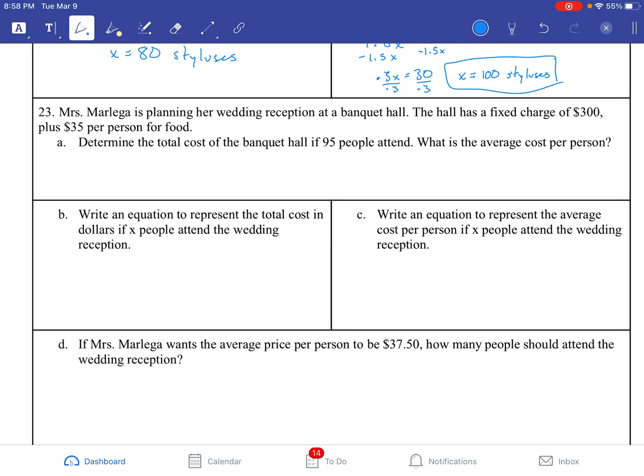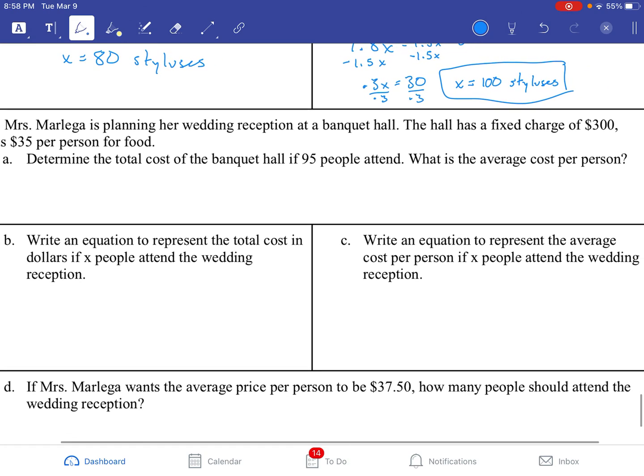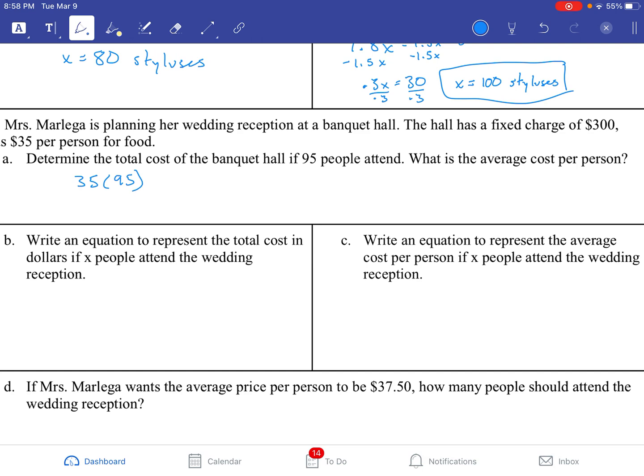So Miss Marlega is planning her wedding reception at a banquet hall. The hall has a fixed charge of $300, so no matter how many people come, she still owes $300. Plus $35 per person for food. So again, we want 2 things, the total cost and the average cost, if 95 people attend. So it's $35 per person for 95 people, plus $300 for the fee.